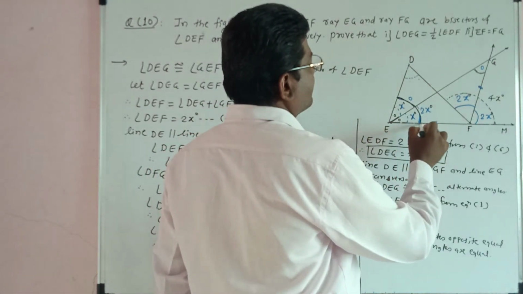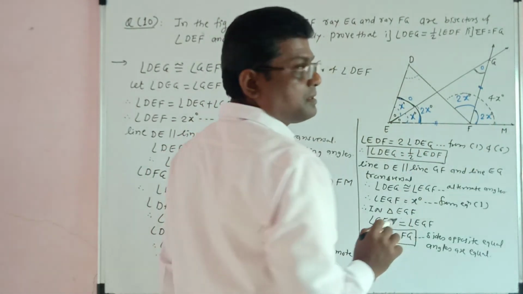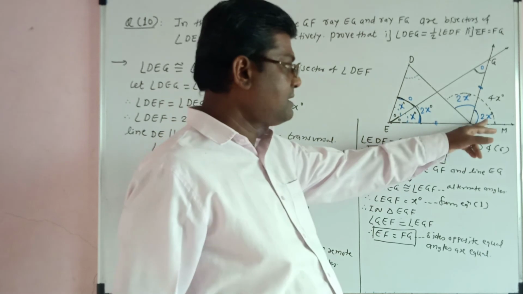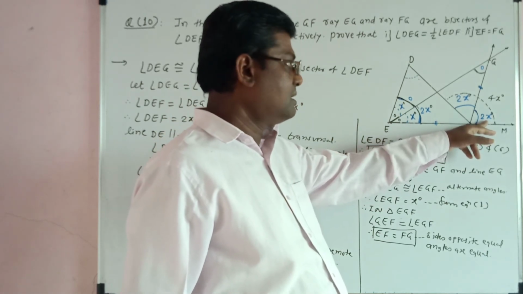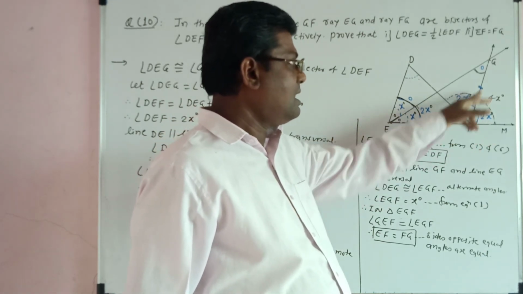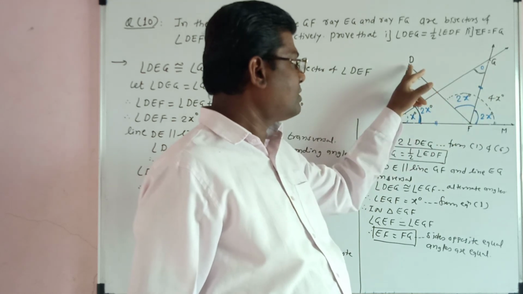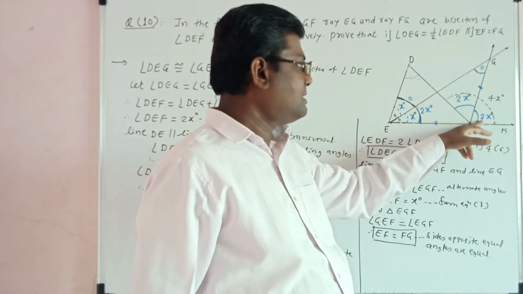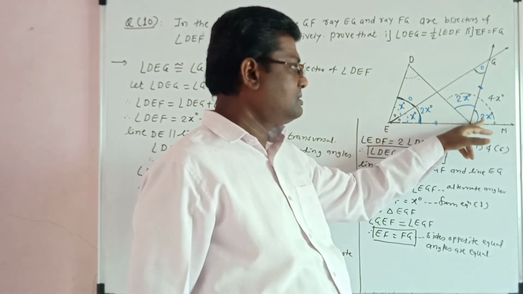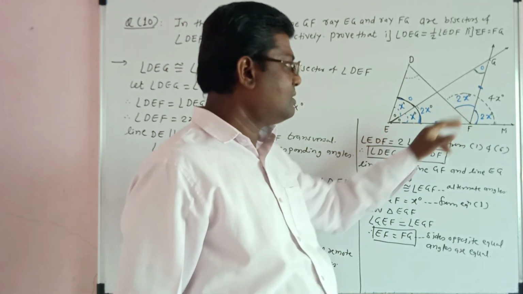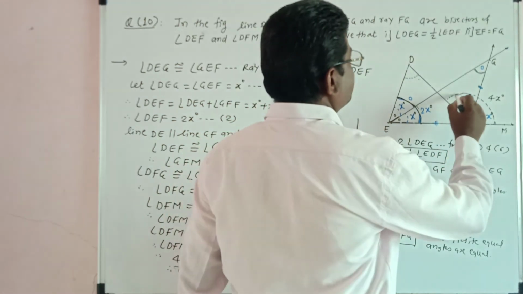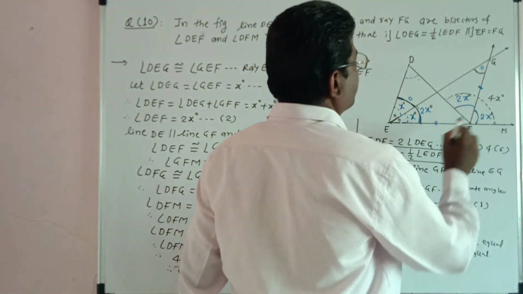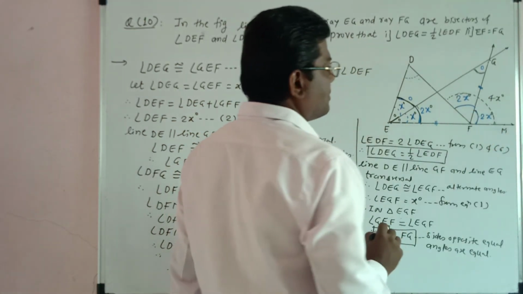Therefore, this angle and this angle are corresponding angles. So, this angle will be 2x degree. Now, ray FG is a bisector of angle DFM. Therefore, this angle and this angle are equal. This is 2x. Therefore, this is also 2x. Therefore, this whole angle will be 4x. 2x plus 2x is 4x.